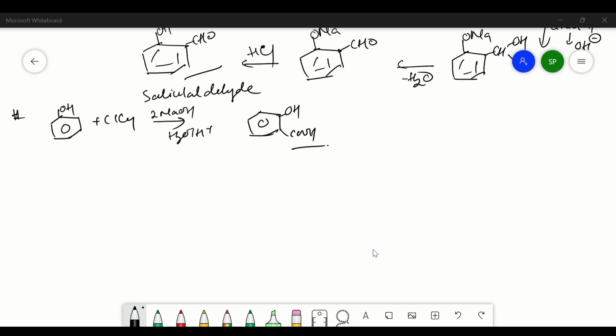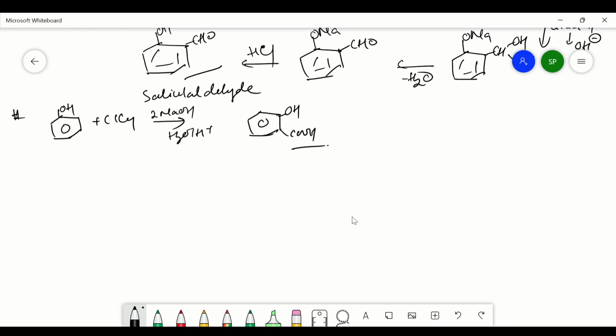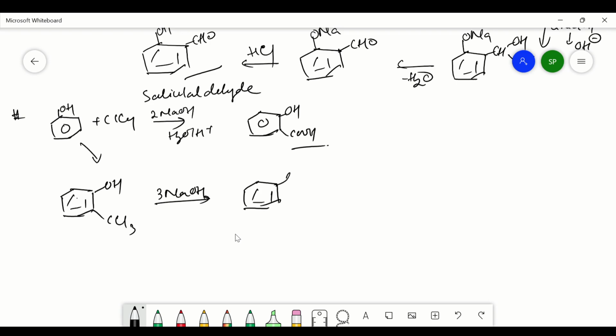Okay, let us see the mechanism. If instead of CHCl3 we react this with CCl4, so first of all on reaction of CCl4 this will produce OH and CCl3, and further reaction with 3NaOH, this will produce one OH group, and to one carbon, 3 OH groups will be attached.